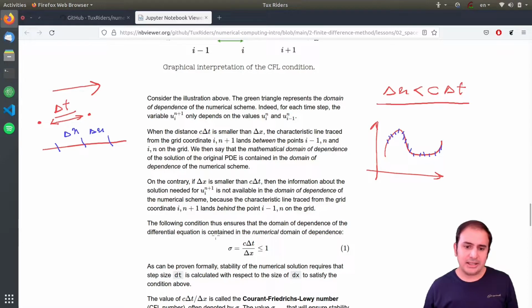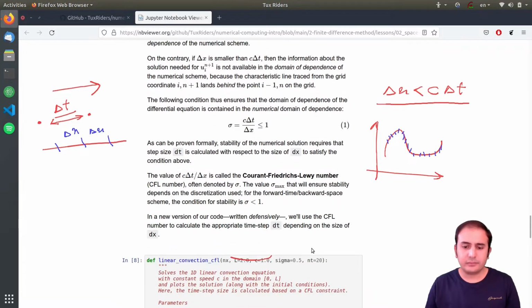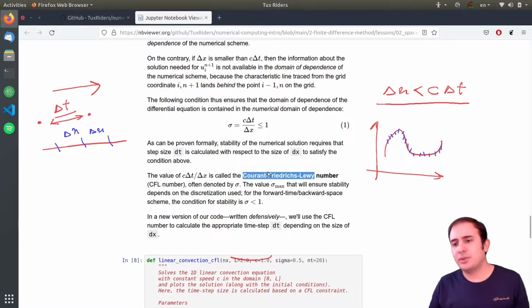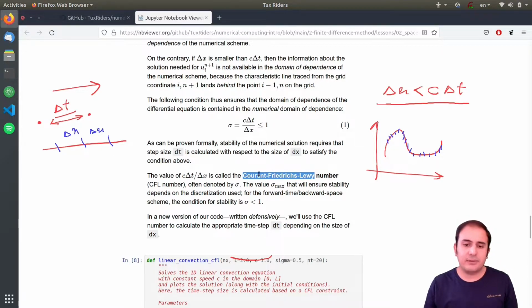In order to write this in mathematical form, we define a term called sigma, which is the CFL number, named after the scientists who first investigated this: Courant, Friedrichs, and Lewy. And it says that this value should always be less than or equal to 1.